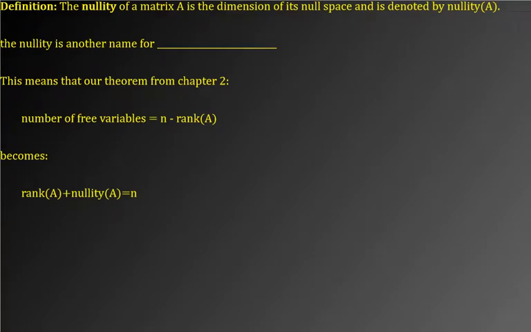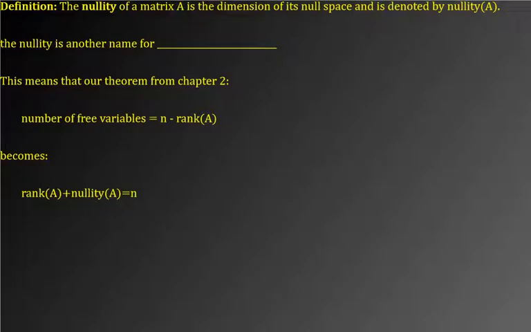And just a little more formalism here. There's this notion of the nullity of a matrix, and the nullity is the dimension of its null space, and it is denoted by nullity of A. So it's the number of linearly independent vectors in the basis for the null space.